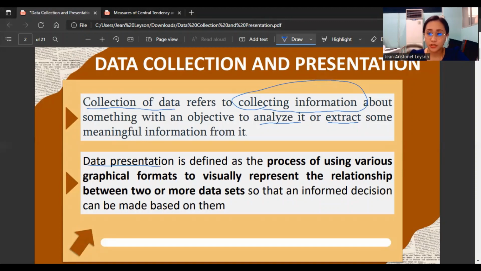Data presentation comes in many forms, which I will be discussing in the next few slides. It can be graphical, textual, tabular, and so on.